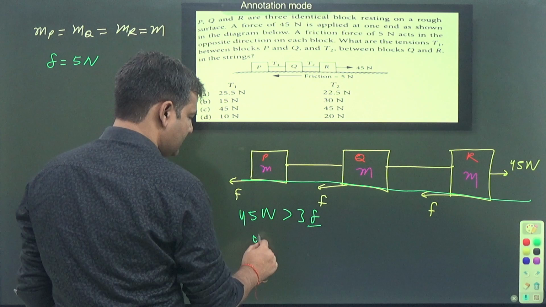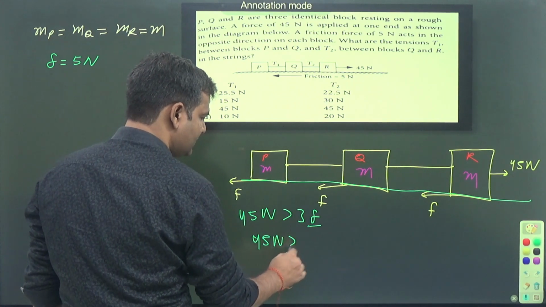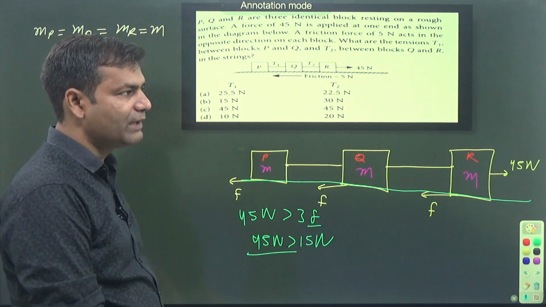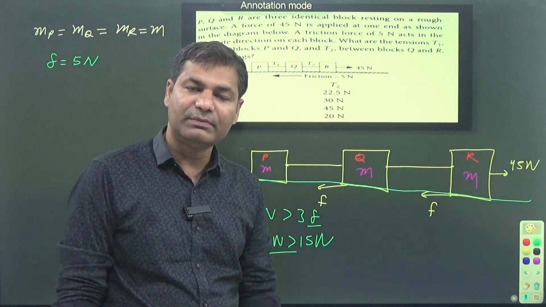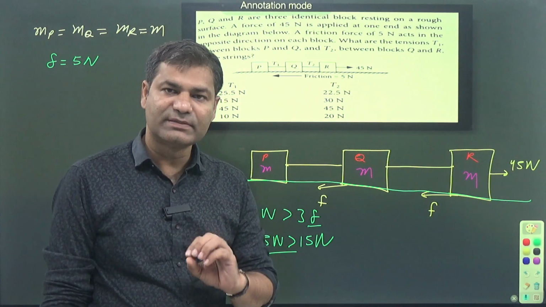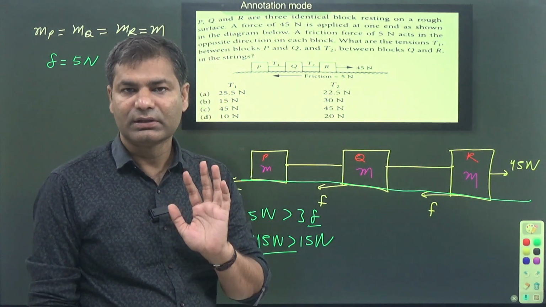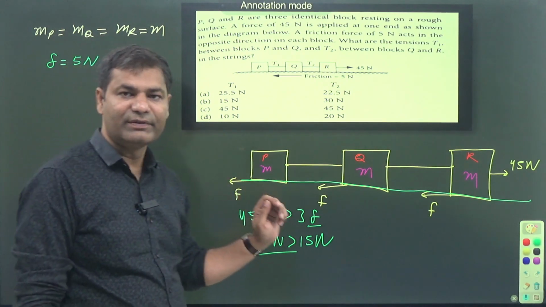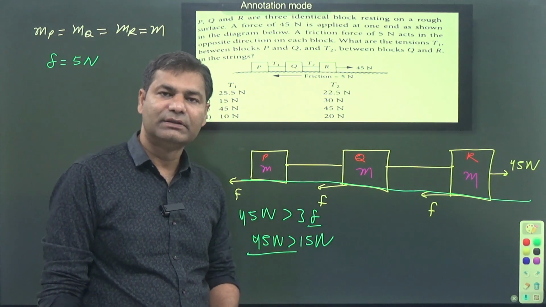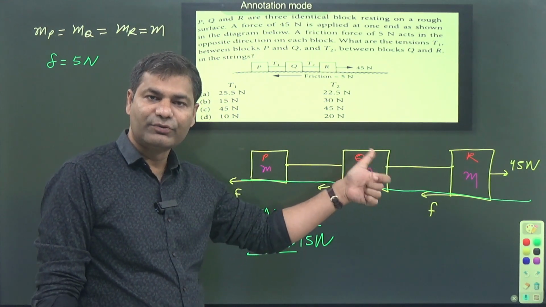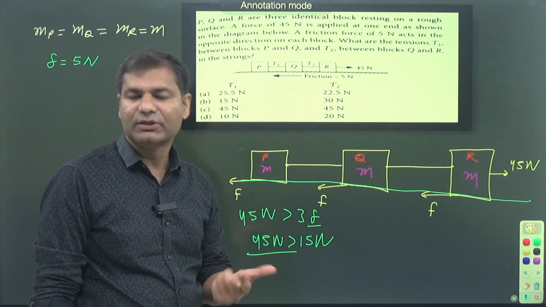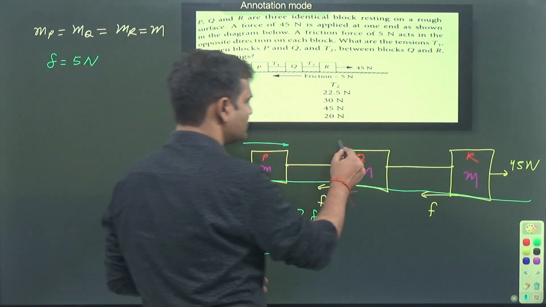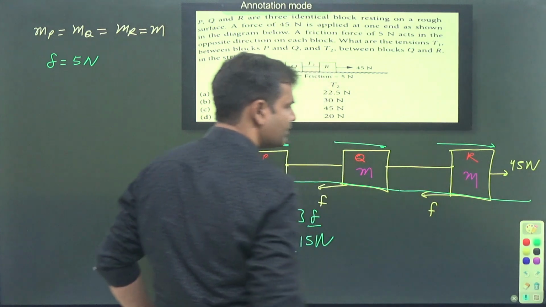Here 45 Newton and that one is 15 Newton. 45 is greater than 15 Newton, so motion is allowed. Clear? So the maximum limiting friction is 3F, the applied force is 45, so 45 is greater than 3F. Motion is allowed, meaning the blocks are moving.